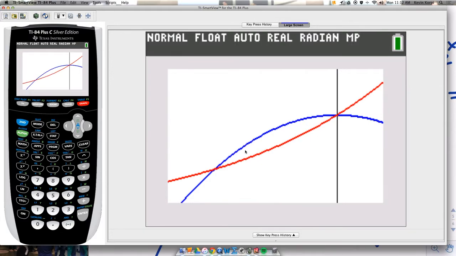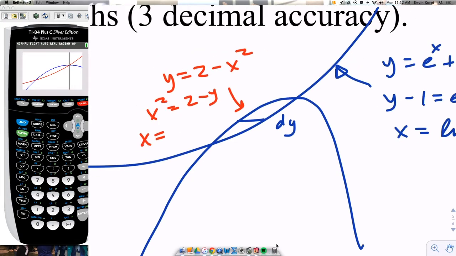Where am I in relation to the coordinate plane? Where's my x values? Our x values are in negative land, right? So we actually here have to take the negative square root. If this had intersected in either quadrant 1 or 4, we would take the positive. But because we're intersecting in quadrant 2, we need the negative x.